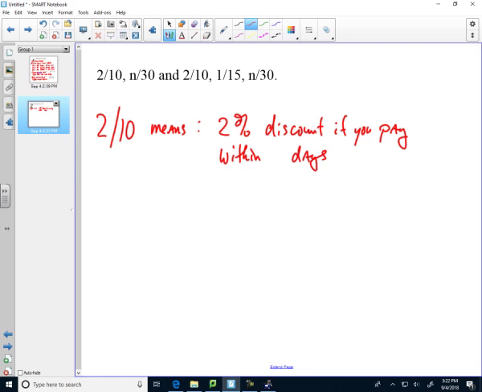And what do you think goes into blank? 10. Very good. That's what 2/10 means. Now, doesn't this look like the chain discount thing over there? So you have to look carefully and see what you're looking at.